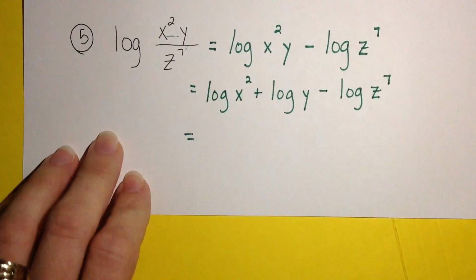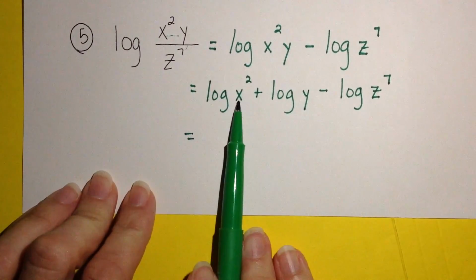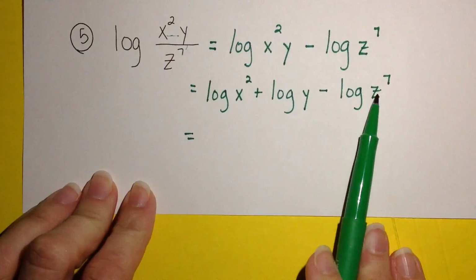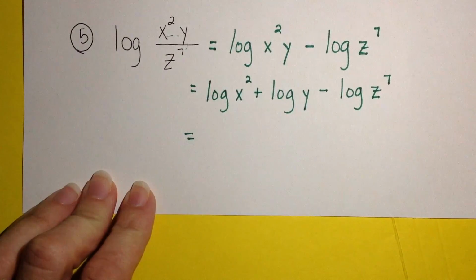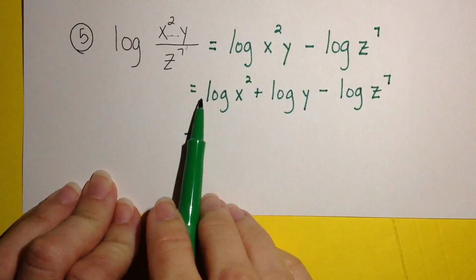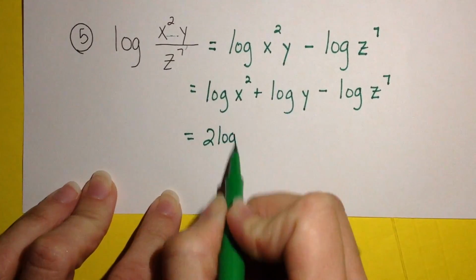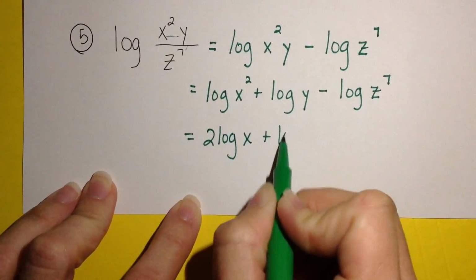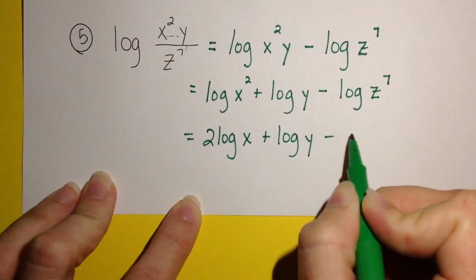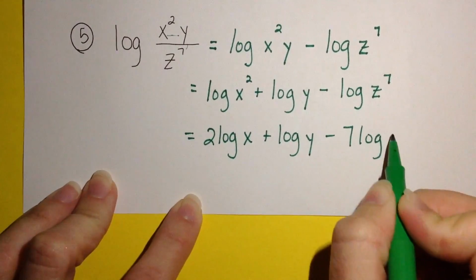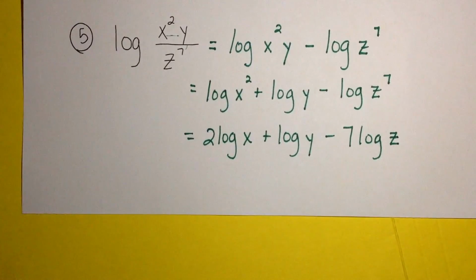And now I have one last step, because actually the first term and the last argument both have exponents. So the 2 needs to come to the front, the 7 needs to come to the front. So there's my expanded form for this one.